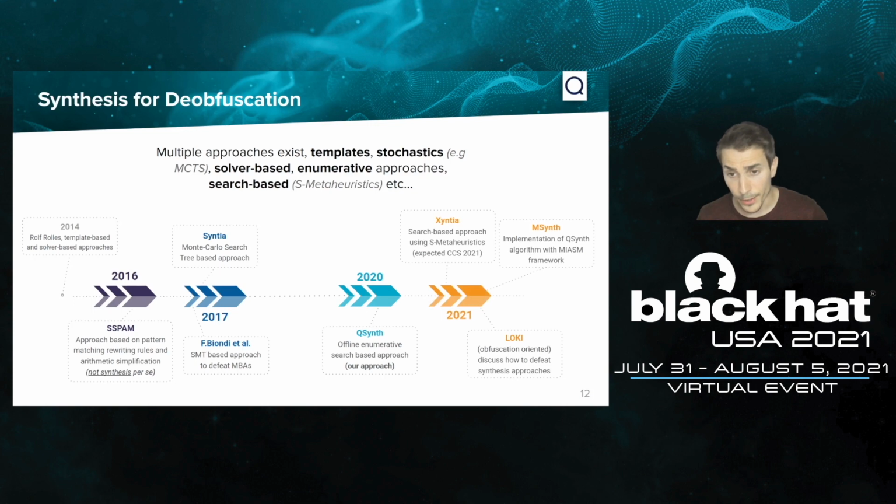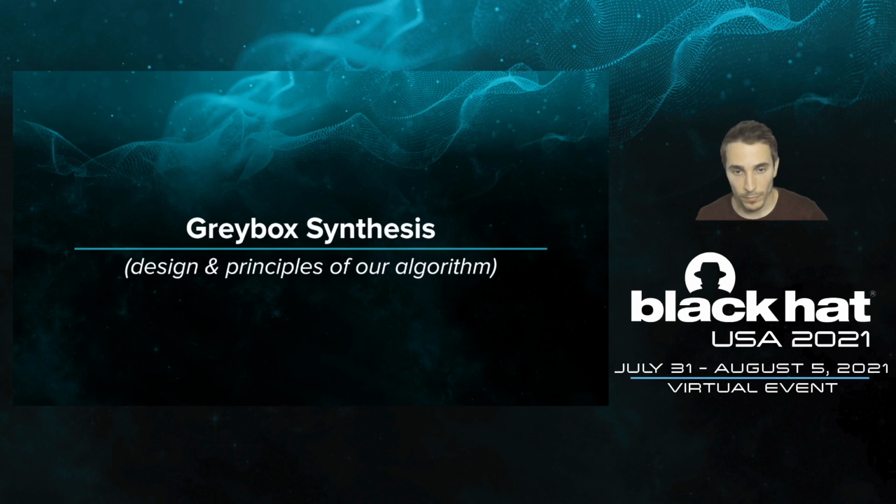And this year, there is more interest in MBAs and synthesis, so more works have been published: XSynth, MSynth, which is basically the implementation of QSynth using Miasm by the same people of Syntia, and Loki, which is more oriented on making obfuscation more resilient to synthesis.